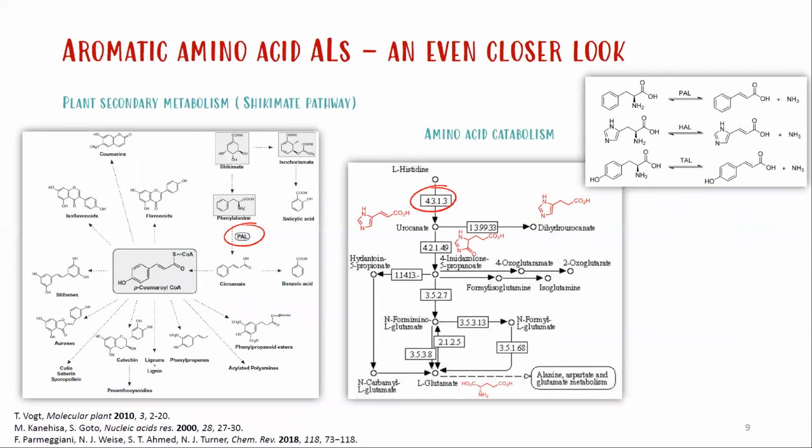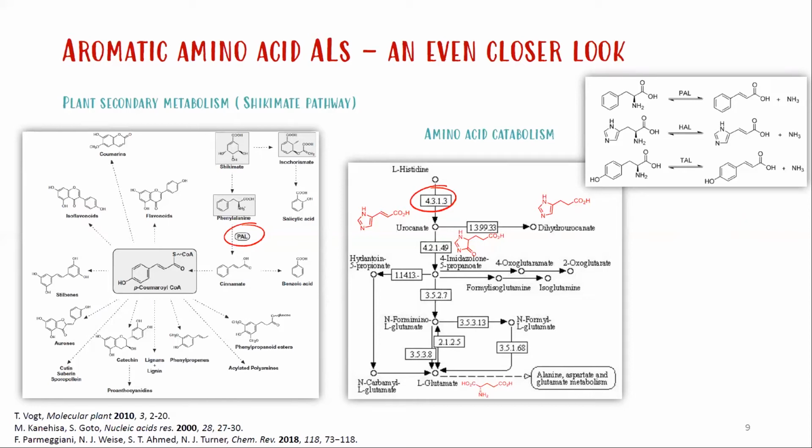Okay, so finally I reach aromatic amino acid ammonia lyases, which really do deserve a bit of a closer inspection. They're quite interesting. They are definitely most applied in terms of organic synthesis, and they're also quite important.